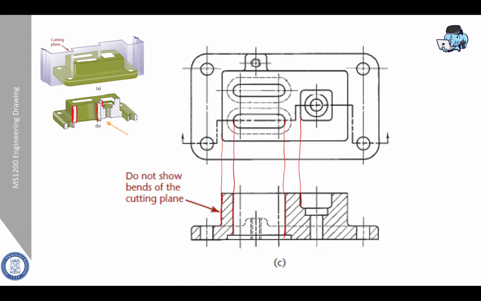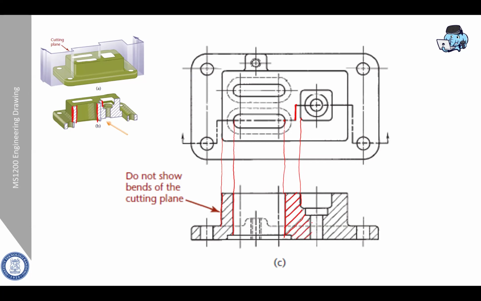So you can see that the bending, I can say, see the bending here, it is actually not shown in the section plane. It is as if, like I say, the same surface.